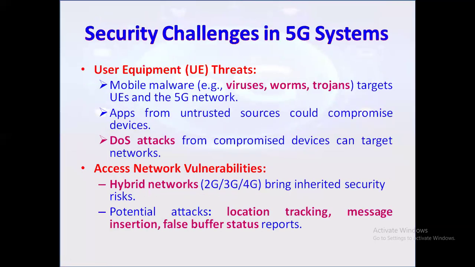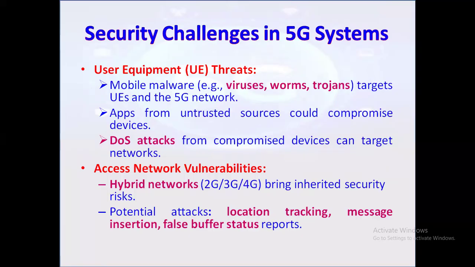Next, security challenges in 5G system. Despite these advances, 5G networks face several security challenges. User equipment threats include mobile malware such as viruses, worms, and trojans, which can compromise devices and potentially disrupt network operations. Applications from untrusted sources pose a significant risk as they can introduce malware or serve as a vector for DoS attacks.